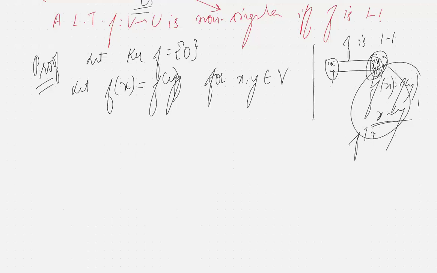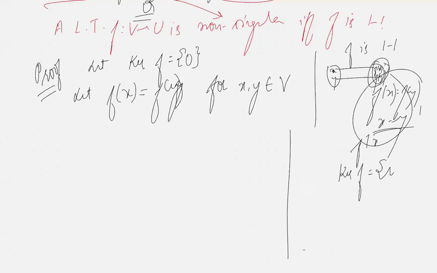How can kernel f equal to 0 be used? One more thing, we can't directly use it, it's in set form. This means that kernel f equal to 0 means there is only 0 inside kernel f.